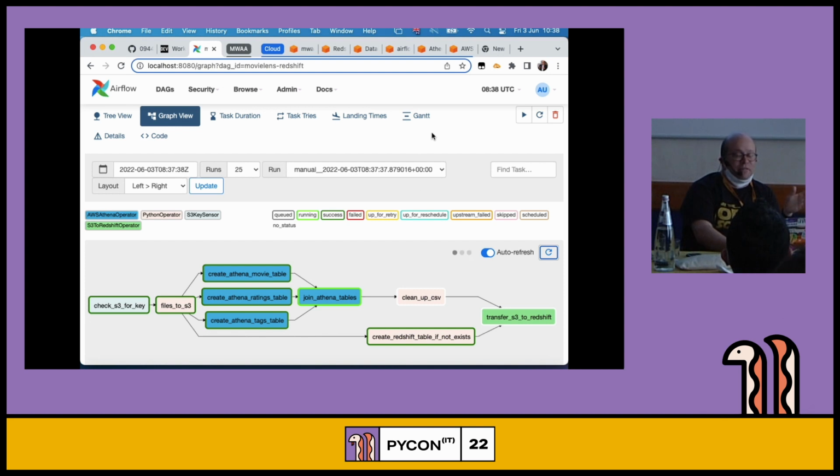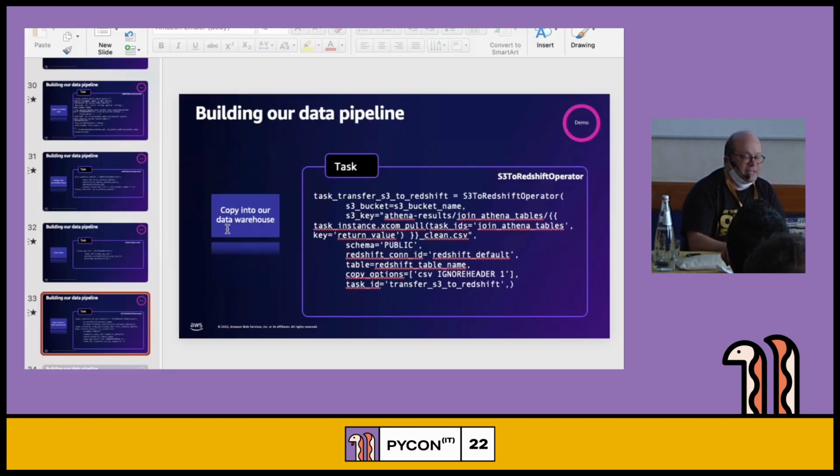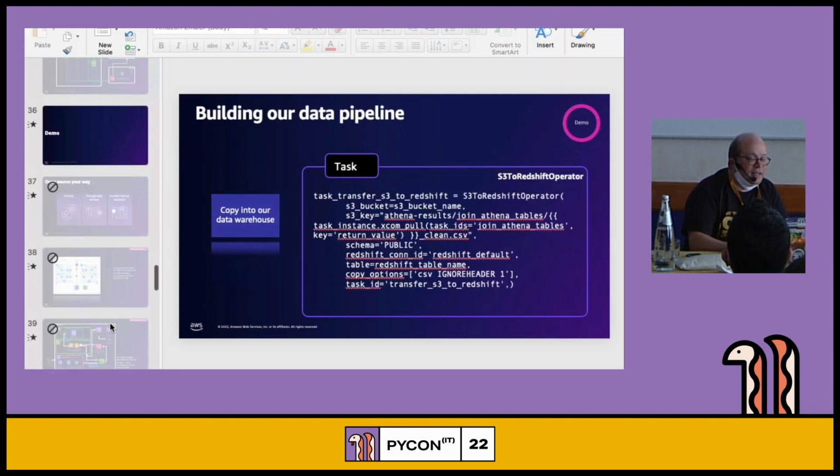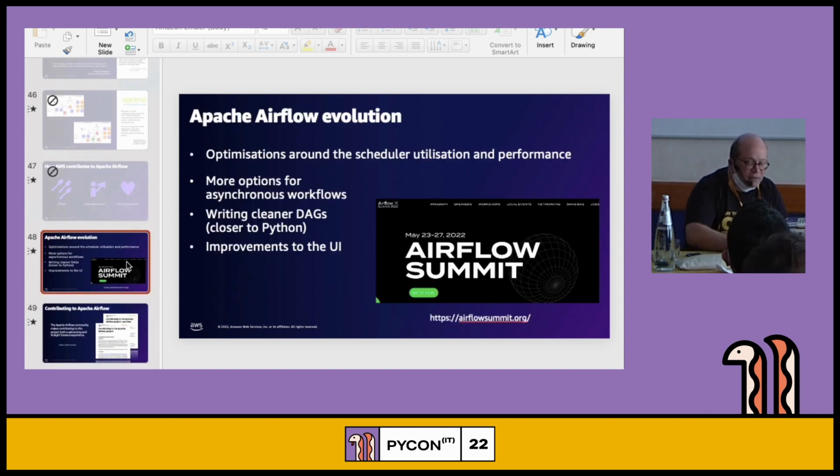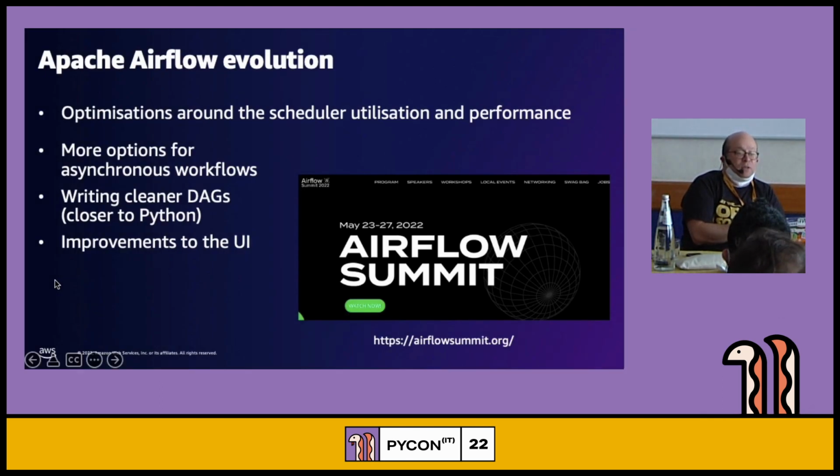So while I'm waiting for this, let's just finish the slide so we can come back and see this. I want to cover very quickly that the Apache Airflow Summit was last week, and I've shown you the basics of Apache Airflow, but it is continuing to evolve and innovate.